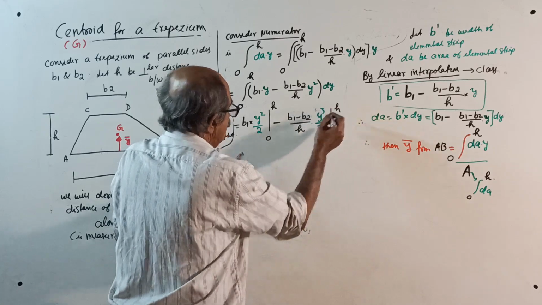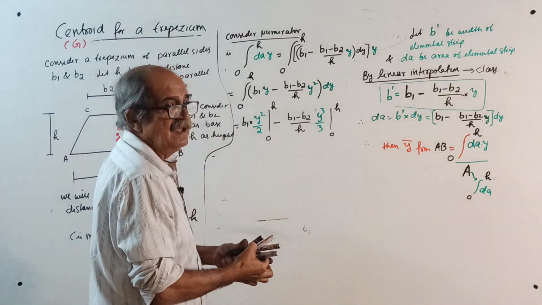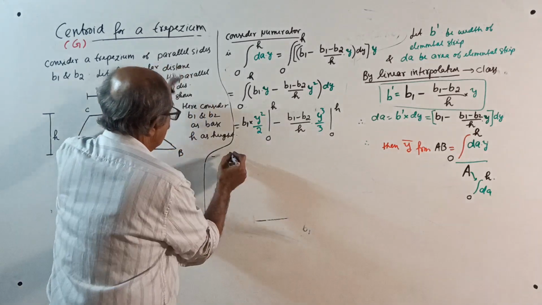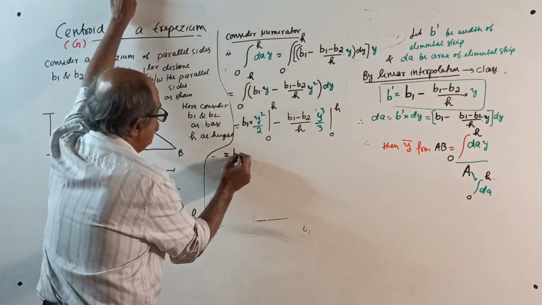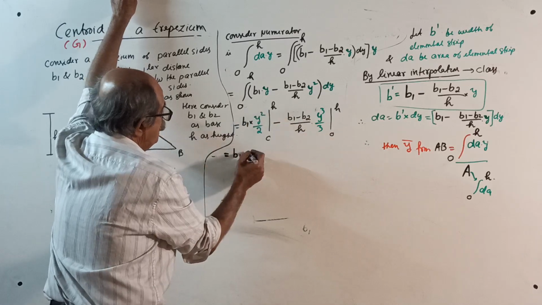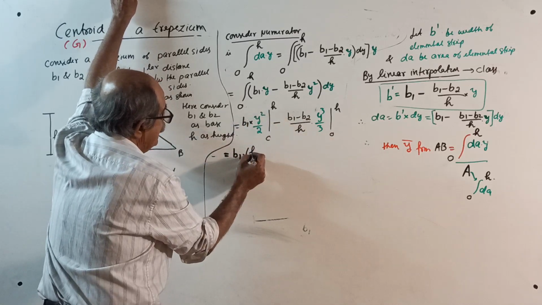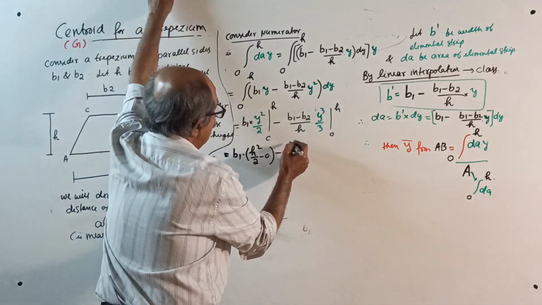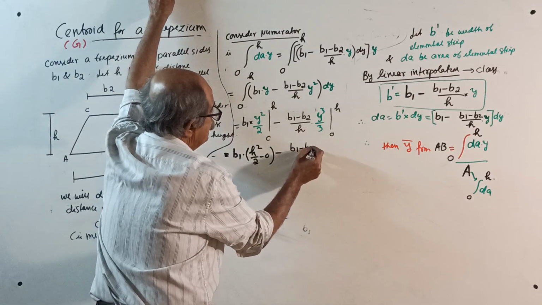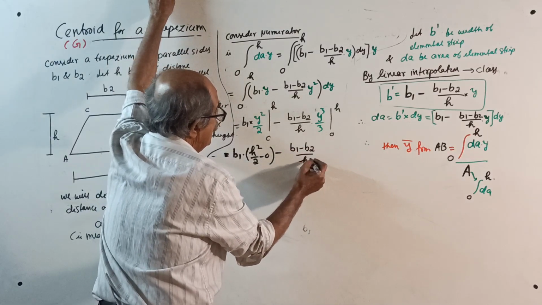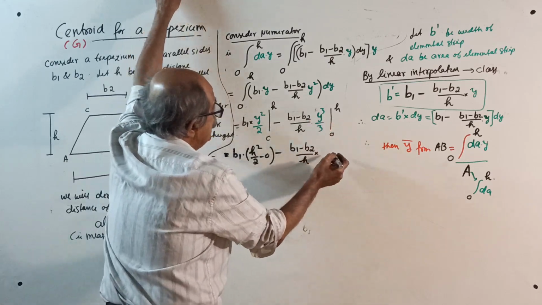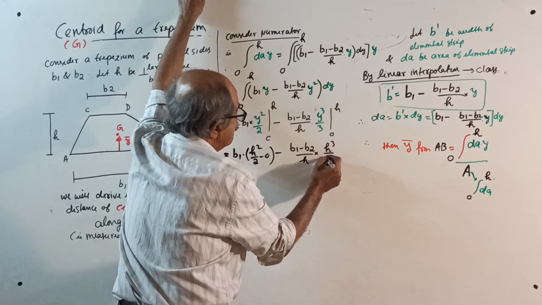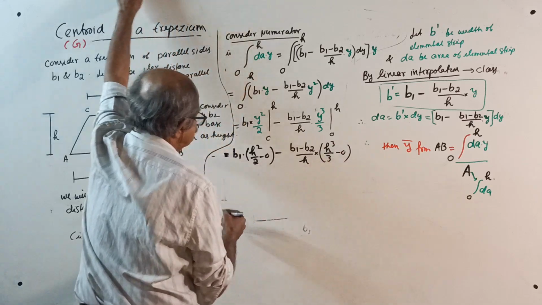That's all. Now green color will vanish. Why? No more integration now. No more dy. Equal to b1 into h square by 2 minus 0, minus b1 minus b2 divided by h into y cube becomes h cube divided by 3 minus 0.